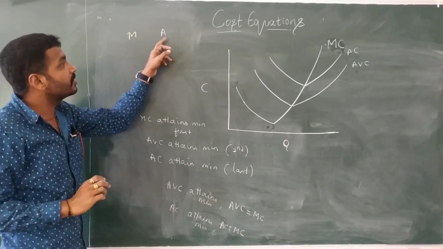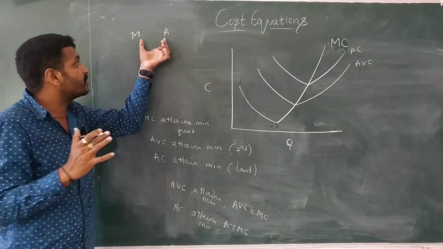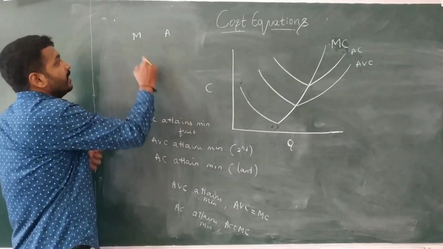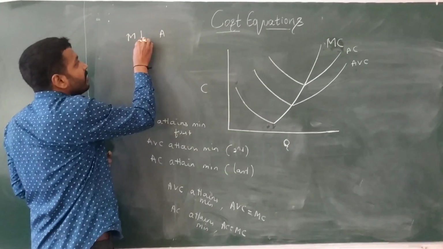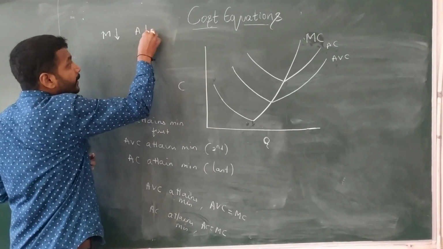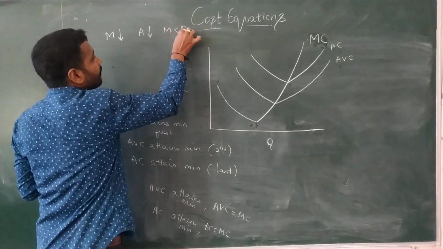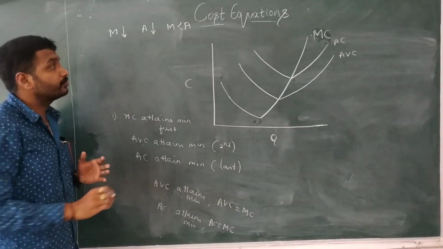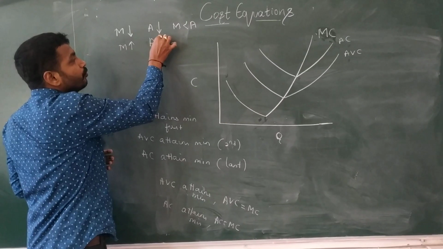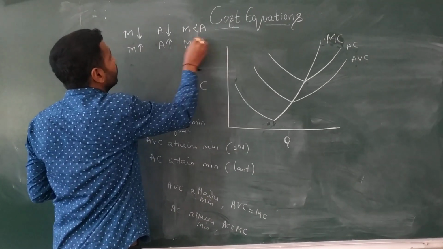M stands for marginal, A stands for average. Just remember this relation; based on that you can understand the rest of the things. When M is falling, A will also be falling, but M will be lesser than A. This you need to remember. When M is rising, no doubt A too is going to rise, but M will be greater than A.